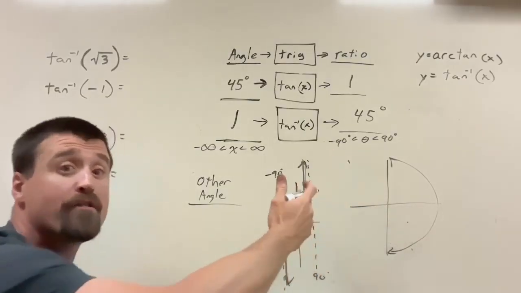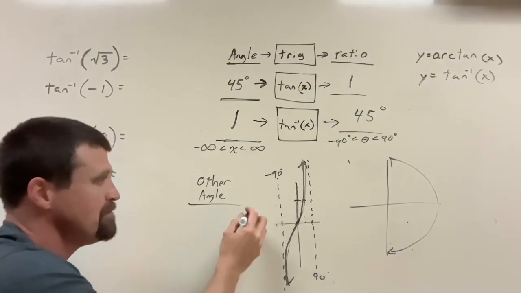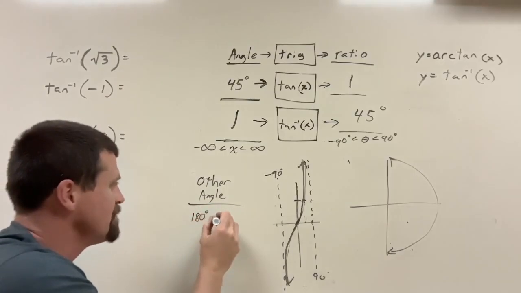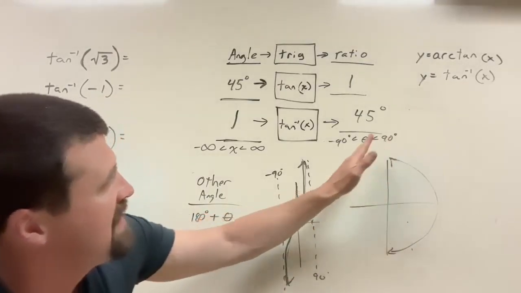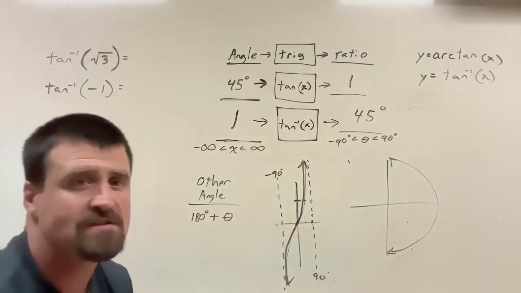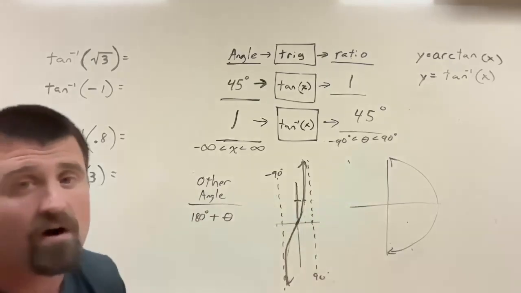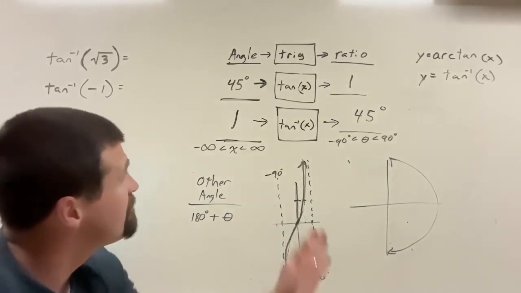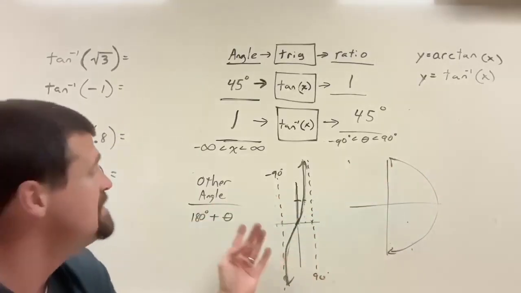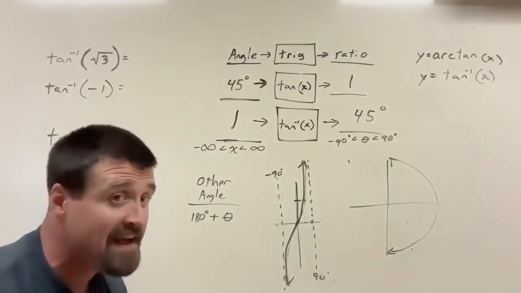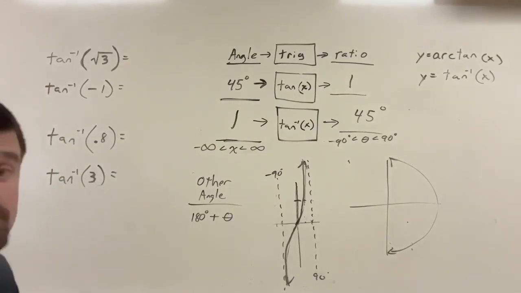The other angle in the unit circle is pi plus theta, or 180 degrees plus my angle. If I'm in the first quadrant, adding 180 gives me the third quadrant angle with the same tangent. If I'm in the fourth and I add 180, it puts me in the second quadrant. The arc function only gives us the angle on this side of the unit circle. If I want the other one, this is the formula to get it. Once I have two, you can find the rest by adding or subtracting 360.